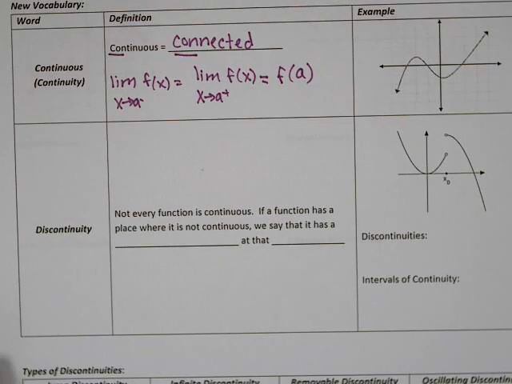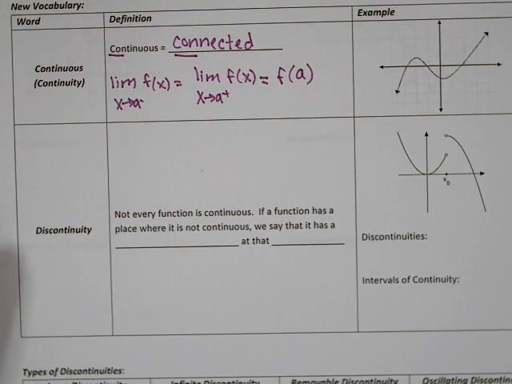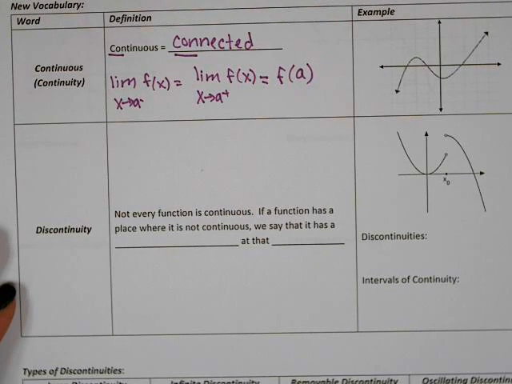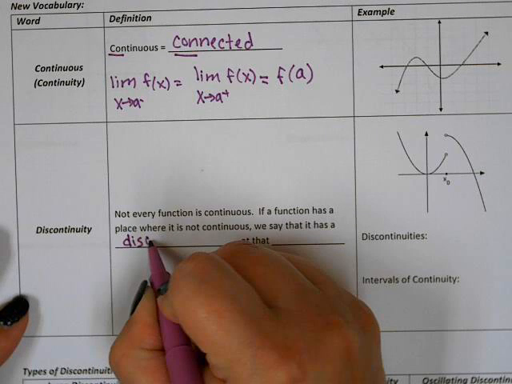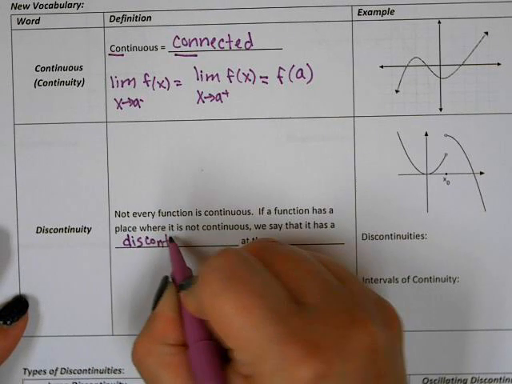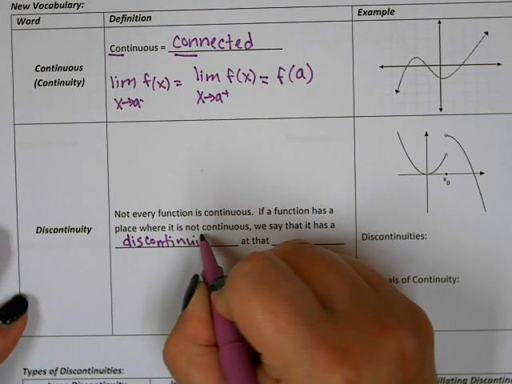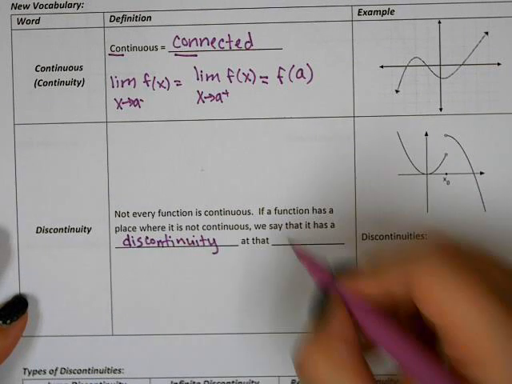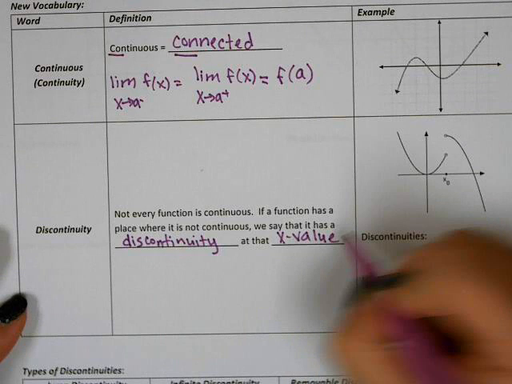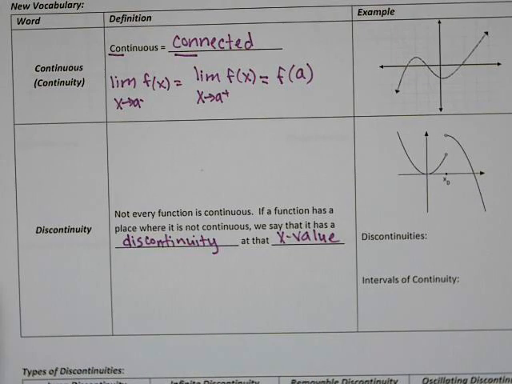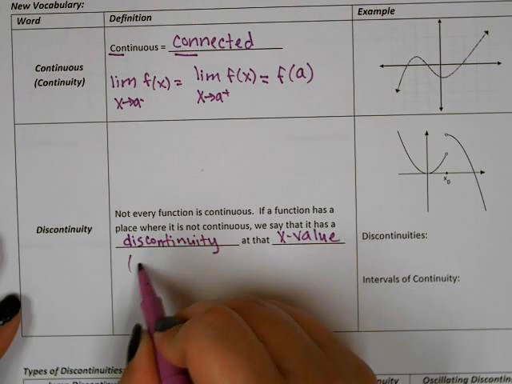We also have to talk about discontinuity. Not every function is continuous. If a function has a place where it is not continuous, we say that it has a discontinuity at that specific x value. So really what we're saying is that somewhere it's disconnected.